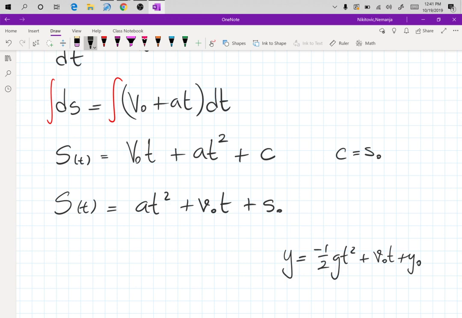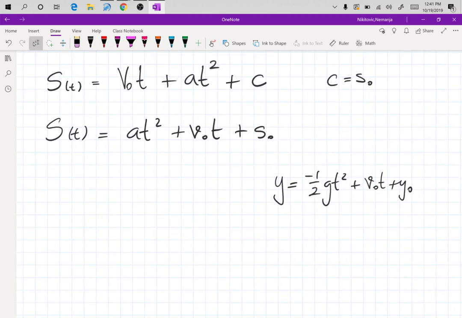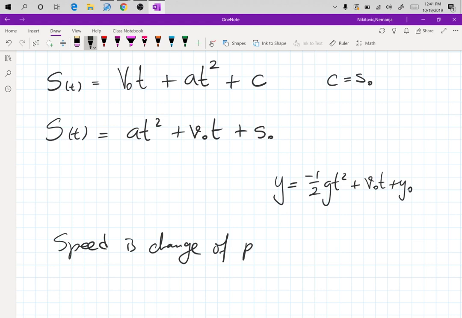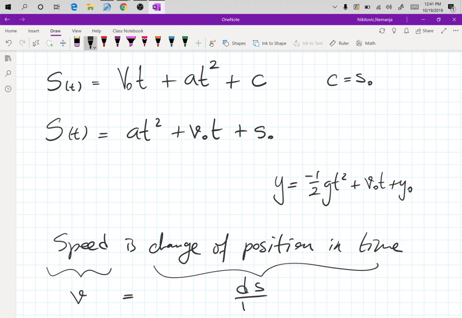So we can call that v, equal to the change of position in time. That's a differential equation.